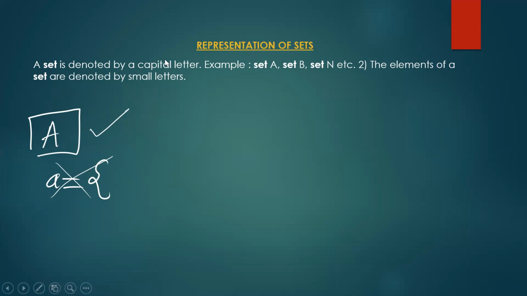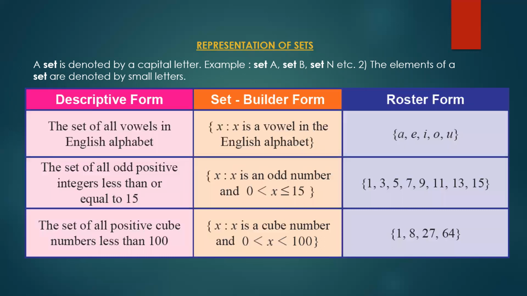So we quickly continue. Okay, so these are the 3 ways I was talking about. We have the descriptive form where you just describe a set. For instance, the first set there is a set of vowels in the English alphabet.